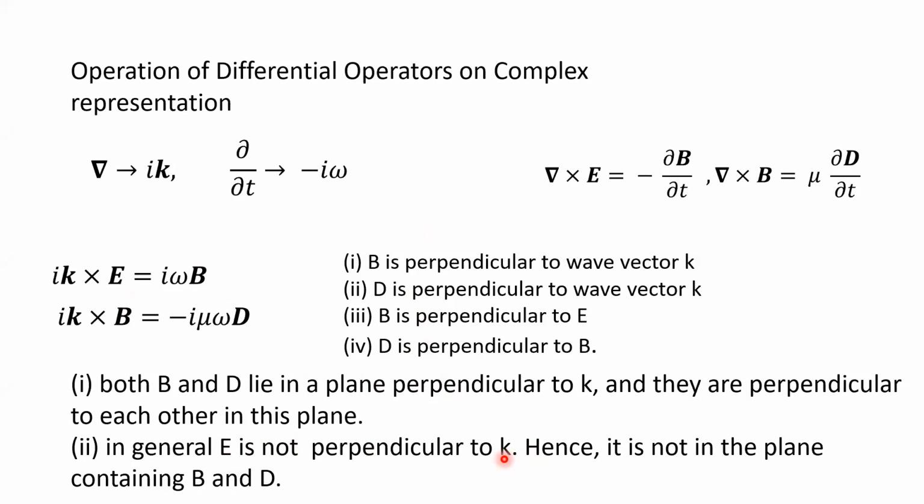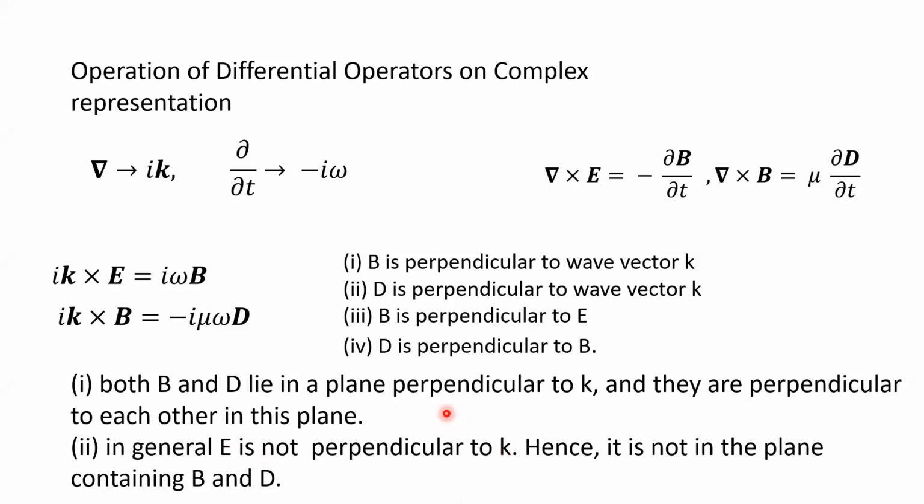So if D and E are not parallel, and there's no relationship in general which tells you E is perpendicular to K, E need not be perpendicular to K. So that's very important.